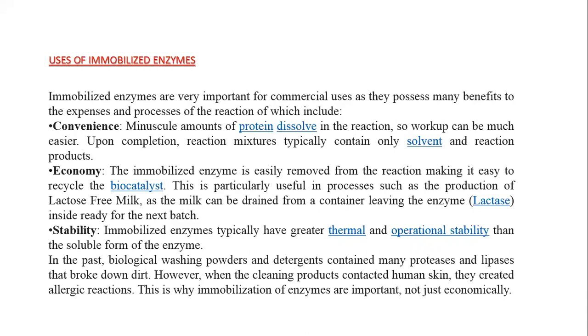It can be used for the production of important products, and it is economically favorable for the recycling of biocatalyst. The stability is much higher in the case of immobilized enzymes. If the enzyme is not immobilized, we have to further recover these enzymes from the product mixture. So this is the importance of enzyme immobilization.